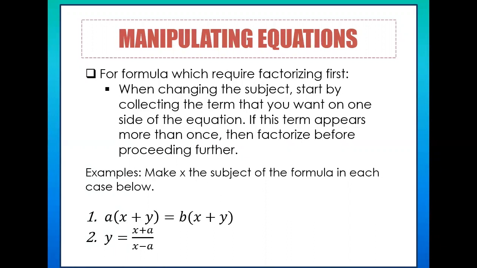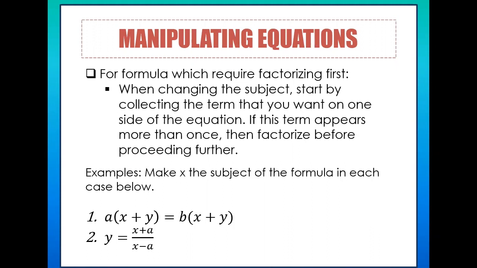So again, I want to emphasize this as part of the rule. We have to collect the terms on the correct side of the equation. This is more about the term that we have to make the subject of the formula. Now, there are chances that the variable intended as the subject of the formula appears more than once.